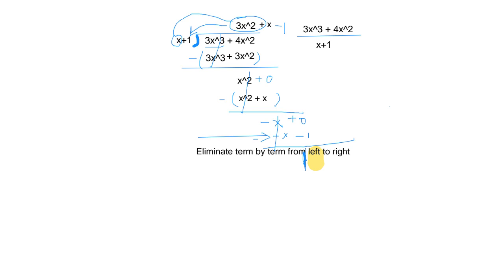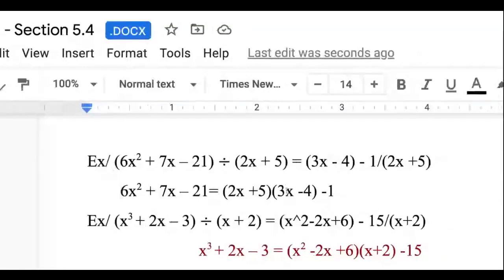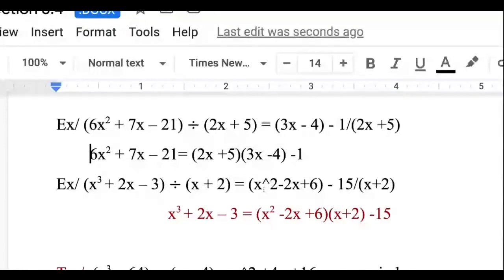Okay, that's another way of writing it. Oh, you're right, because I did not change it. Thank you.